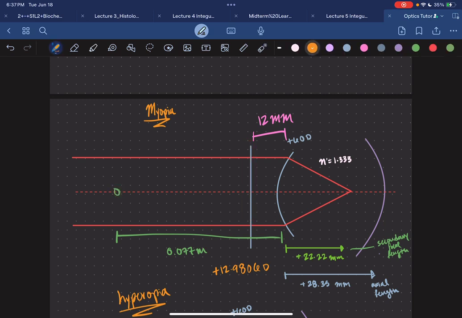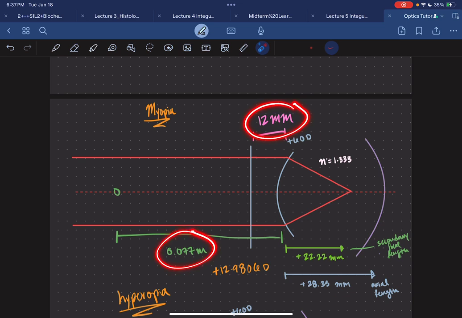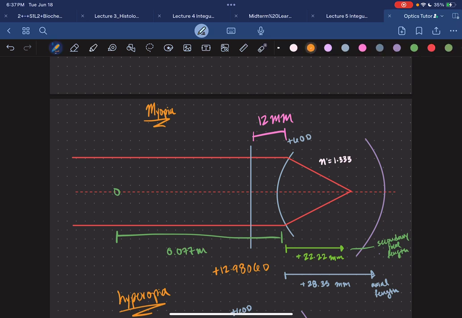Hopefully that makes sense. So what I'm going to do is subtract this distance from the total distance, and that's going to give me the distance from here to here. I'll do 0.077 minus 0.012, because I want to put it in meters, and that will give us a distance from here to here of 0.065.